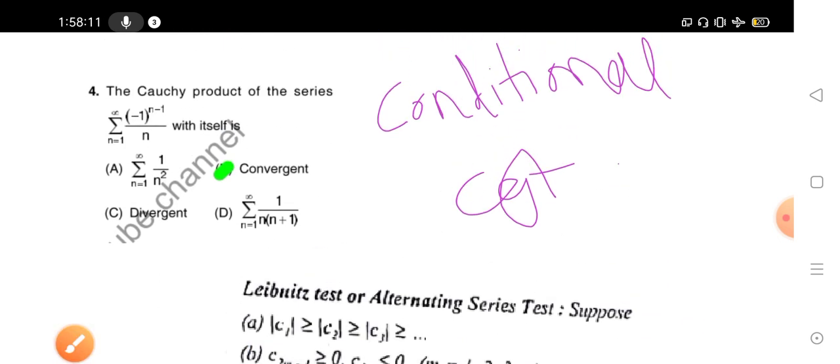Now check here, given minus 1 raised to n minus 1 upon n. This is conditionally convergent but not absolutely convergent, therefore this is convergent.